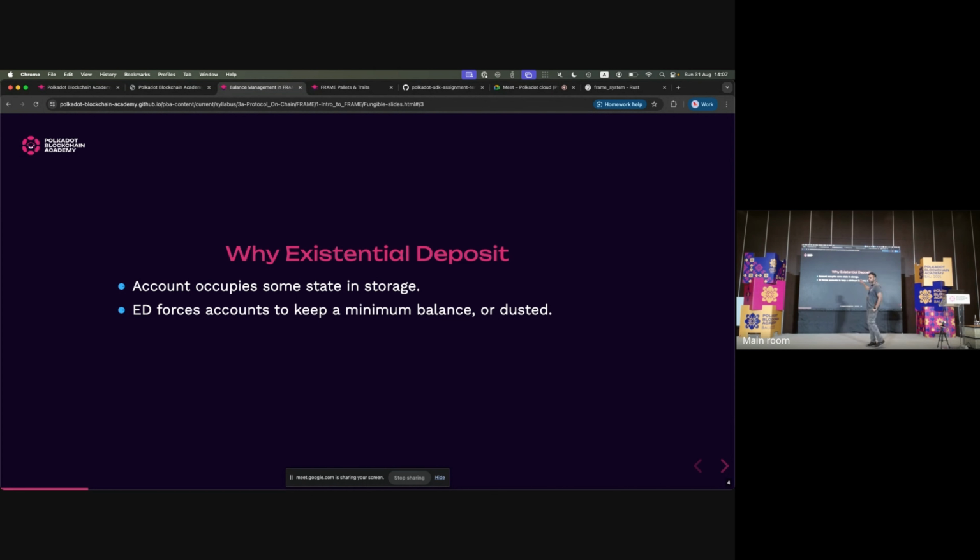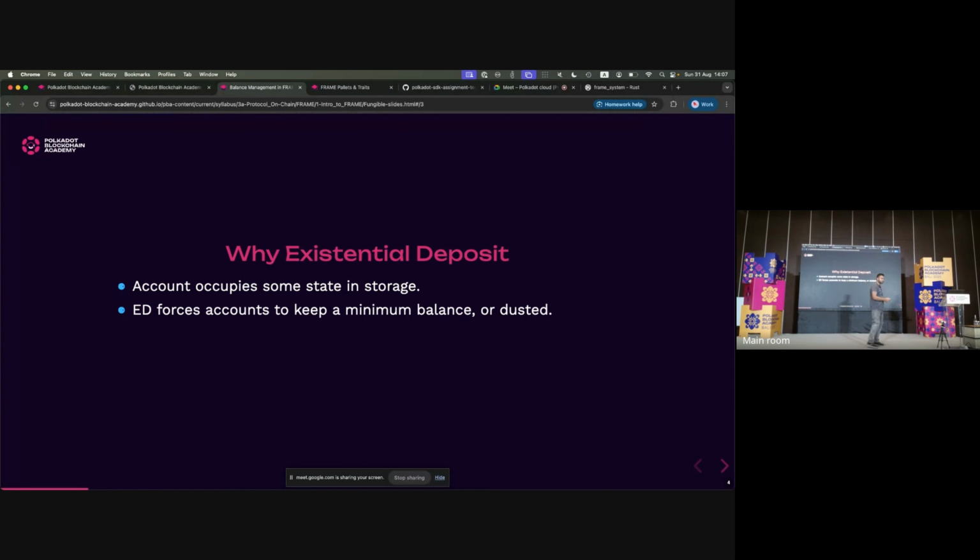Yeah. So any account, any balance you create, this goes in your state, right? This goes in your database. This database gets larger and larger. The larger it is, the slower your storage access gets. So imagine if you don't have any minimum balance you need to keep, people can create millions of accounts with very low balance, and we have to keep them alive all the time.